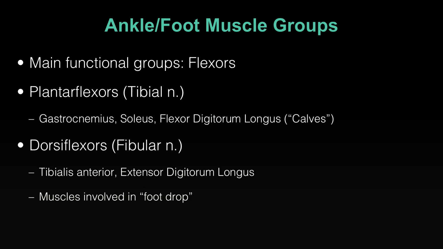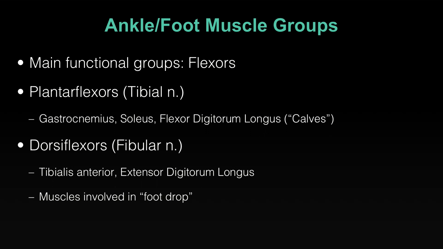Here, our naming scheme falls apart. The femoral nerve does not carry down into the lower leg. So muscles on the anterior side that dorsiflex are innervated by the fibular nerve, or the common fibular nerve, or sometimes also known as the peroneal nerve.